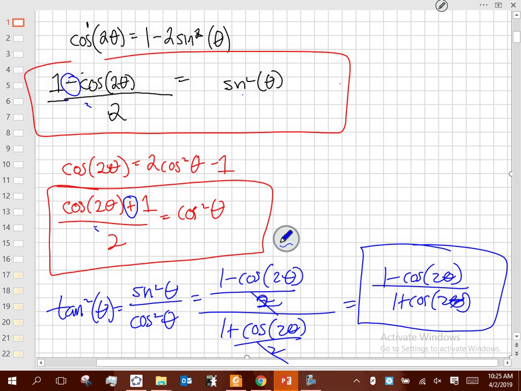I started giving them reference sheets maybe the fourth or fifth year I was teaching, but my reference sheets were really vague, meaning I gave them maybe the 1 minus cosine 2 theta over 2, but I didn't give them the sine squared theta. Does that make sense? So I gave them half the formula. Or maybe I gave them the whole formula, but I took out the theta and the 2 theta. And so they had to remember components of it, right?